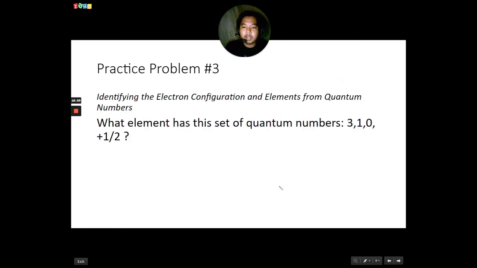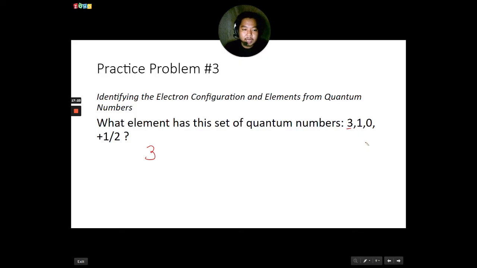Alright, for number 3, what element has this set of quantum numbers? We are now identifying the electron configuration and element from quantum numbers. So how do we do it? The set is 3, 1, 0, 1/2. First, we identify the principal quantum number, that's 3.